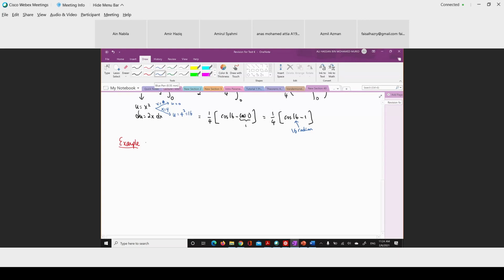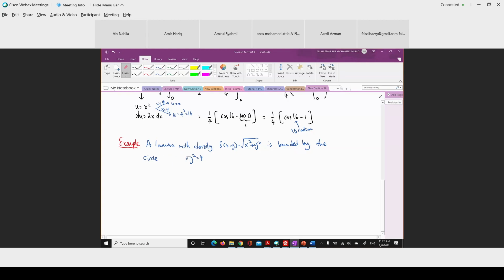A lamina with density delta of xy equal to the square root of x squared plus y squared is bounded by the circle x plus 2 squared plus y squared equal to 4, and lines.